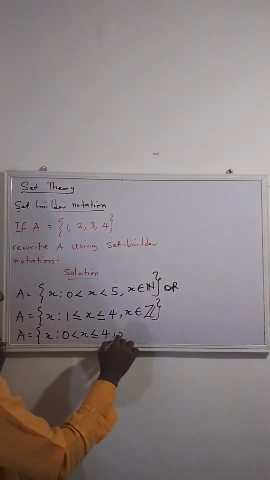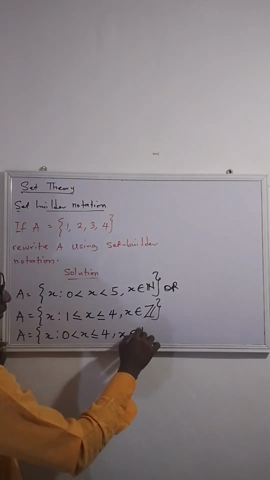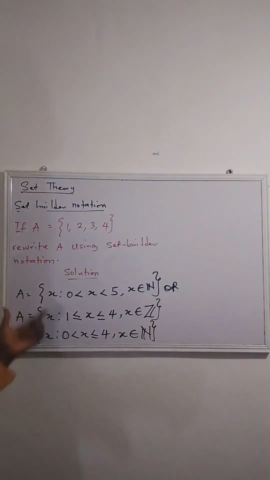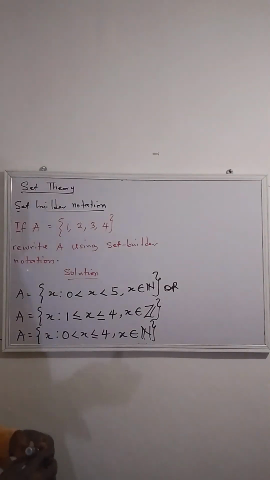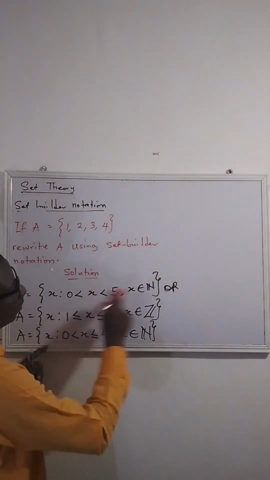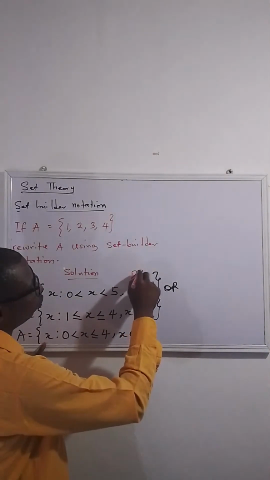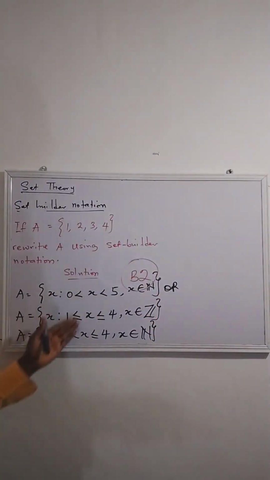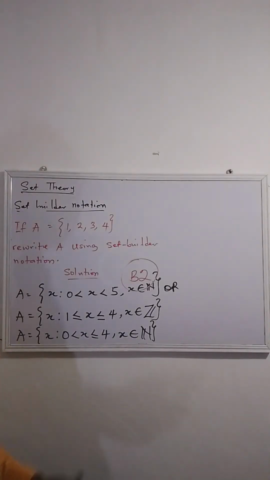So where x is contained in natural numbers. We have several ways we can write this out. So now this is the answer to this problem. The mark for this is just 2 for getting it, so any of the answers is the correct answer. So that's it. Hope you get that.